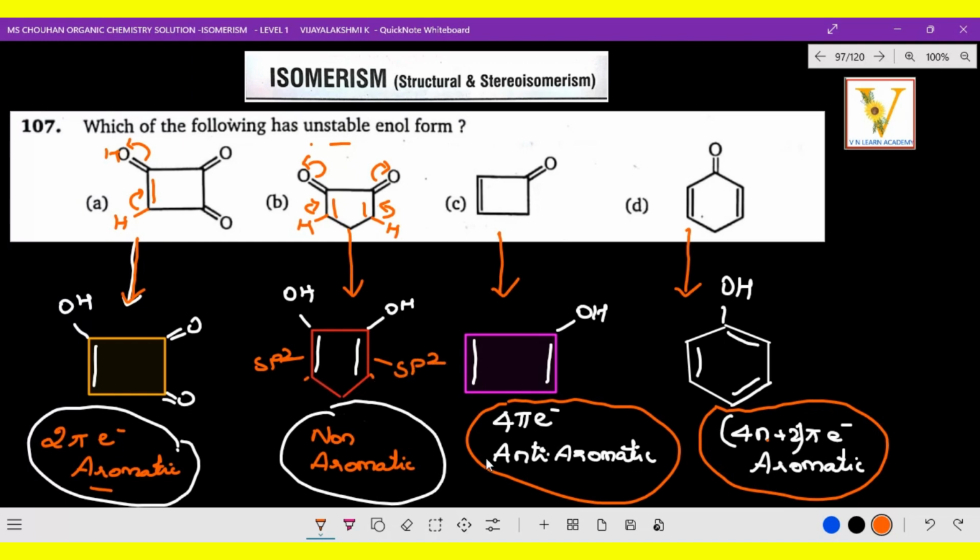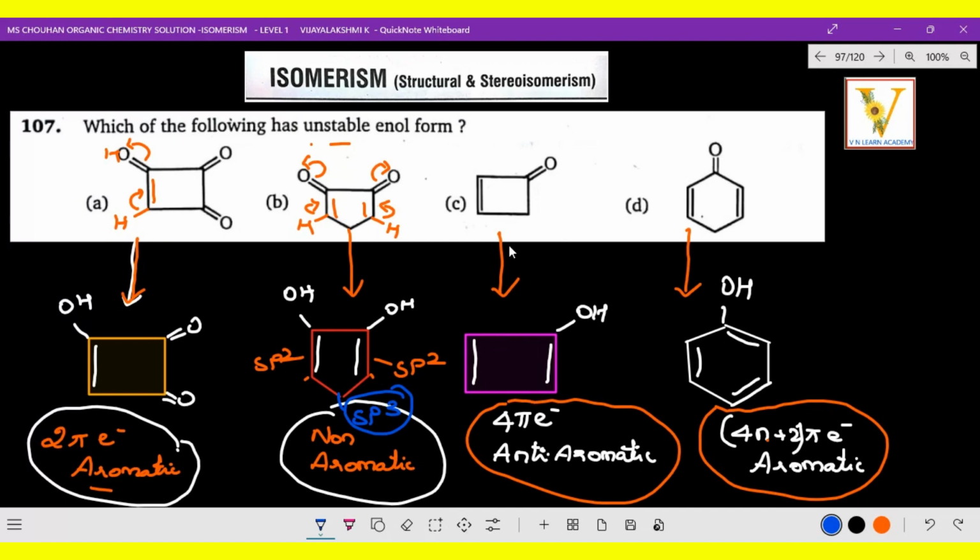Whereas here in this point you are getting sp3 hybridization. For aromatic it must be sp2 only; here it is sp3, so it's non-aromatic, right? Non-aromatic, it is not at all stable.